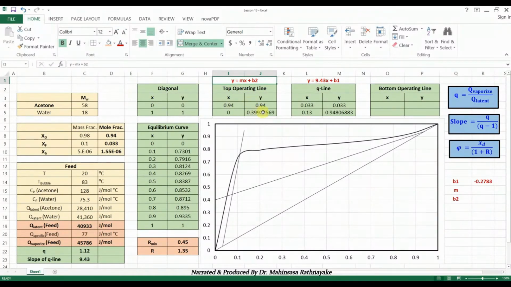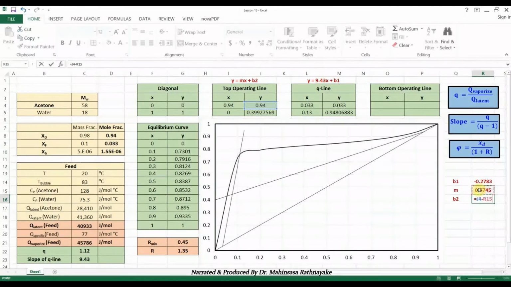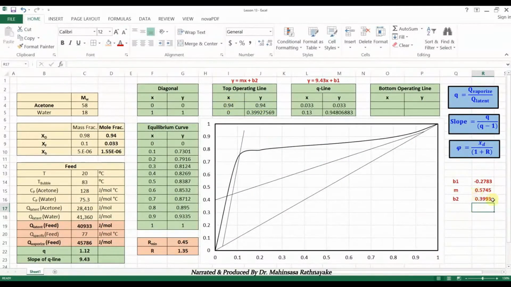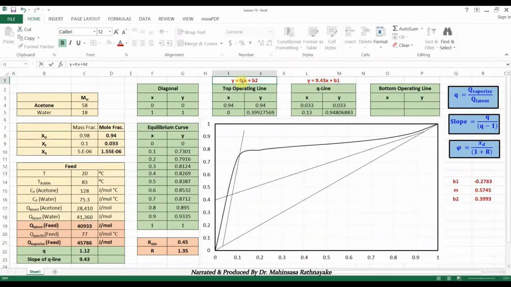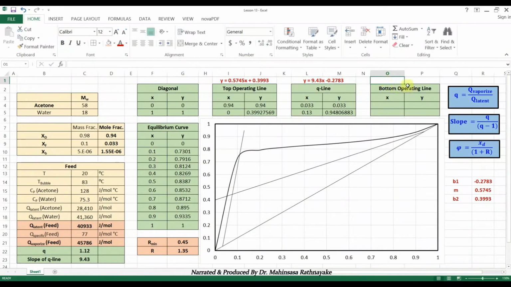Then, for the top operating line, the slope can be found using the known points. Substitute one of the points to obtain the B2 value. Now here we have the equations of the two lines. The intersection of these two lines occurs when the two equations are equal.